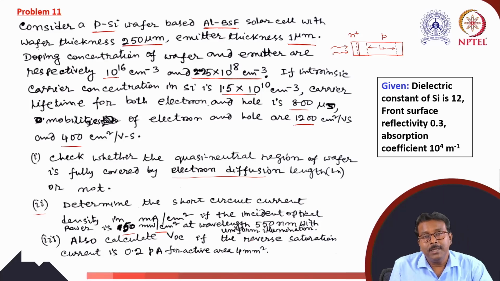Uniform illumination means the decay in intensity of light with position, that is Ix equal to I0 e to the power minus alpha x, should not be considered. Here you can consider uniform intensity of light, though it is absurd, but for the sake of simplicity of the problem you can assume.